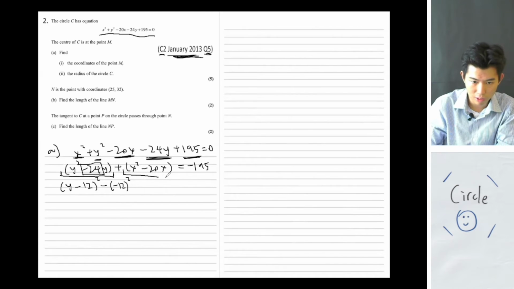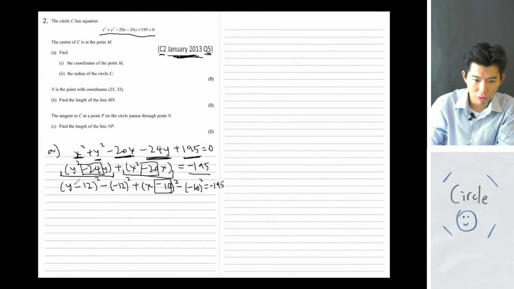And next, this one here would be plus (x - 10), because minus 20 divided by 2 would be minus 10, squared, minus this value here squared, minus 10 squared, equals -195.